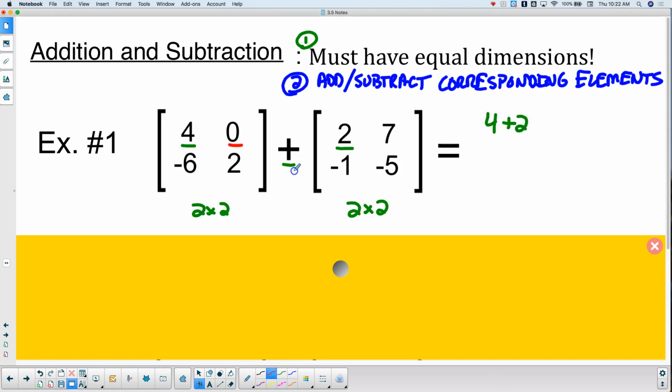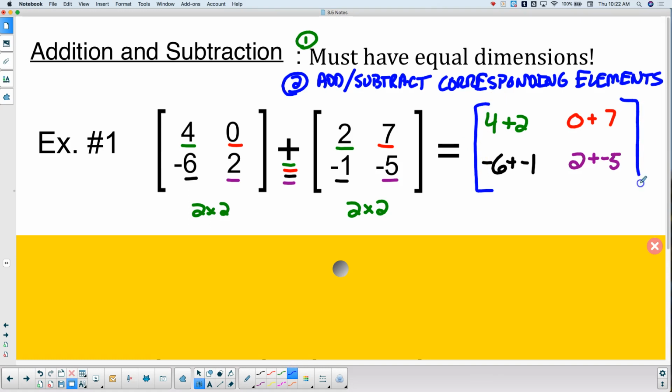This 0 is going to be added to 7. This -6 is going to be added to -1. 2 is going to be added to -5. And then now for me, I put my brackets in based on the sizing.